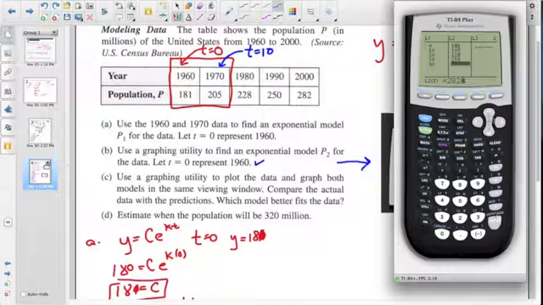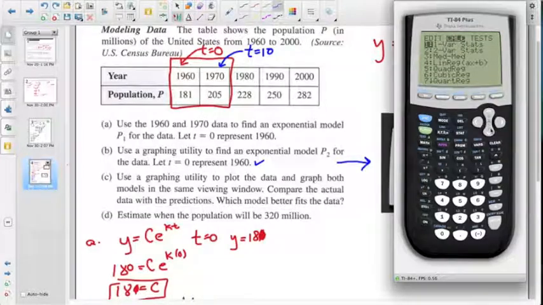And so there's the data in our lists, and then we can do an analysis on that data. We can go into stat and go to calc.